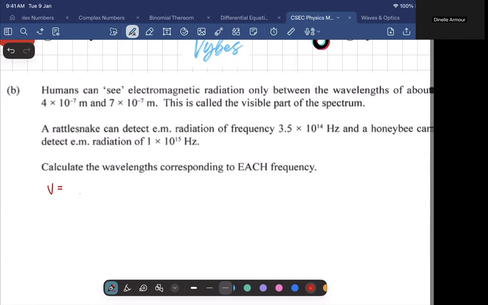3 by 10 to the power of 8. Yes, Ambika, you know that, right? All EM waves travel at the speed of light. If it's electromagnetic radiation, just know speed of light. And the speed of light is 3 by 10 to the power 8 meters per second.